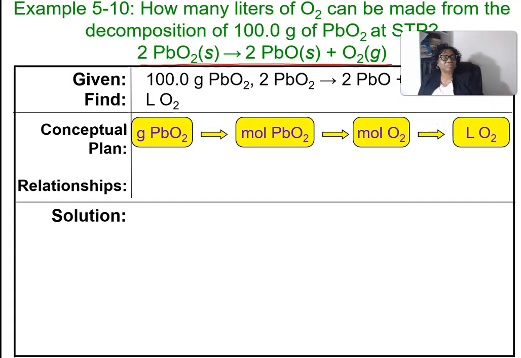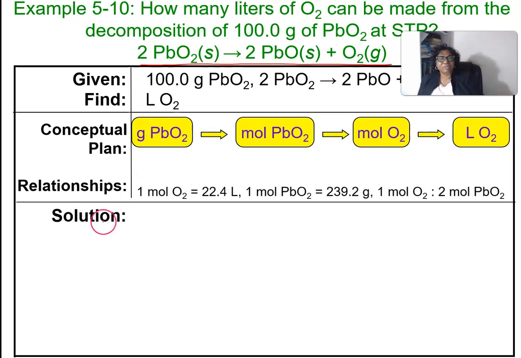So this is the plan. Move from mass of lead-4 oxide to moles of lead-4 oxide to moles of oxygen to liters of oxygen. So look at the conversion factors that we are going to use.